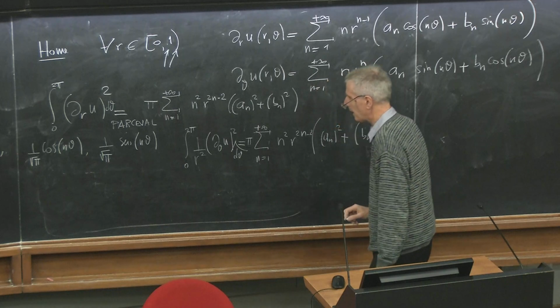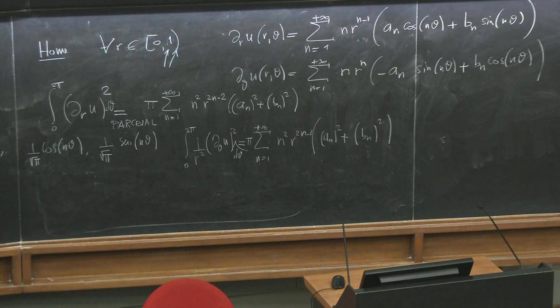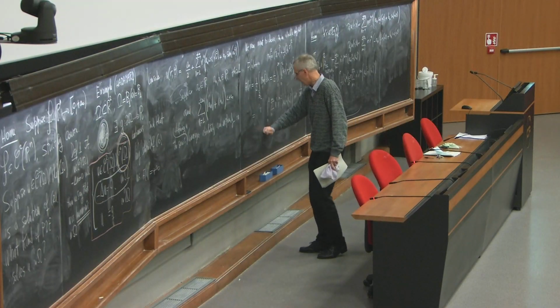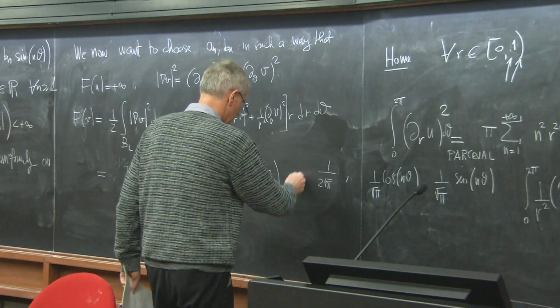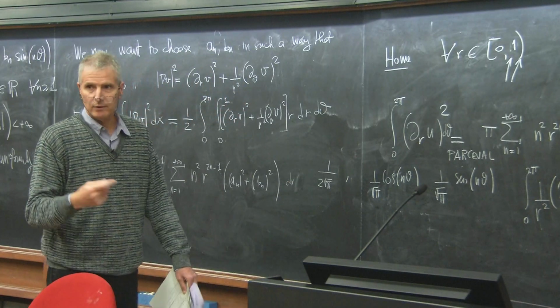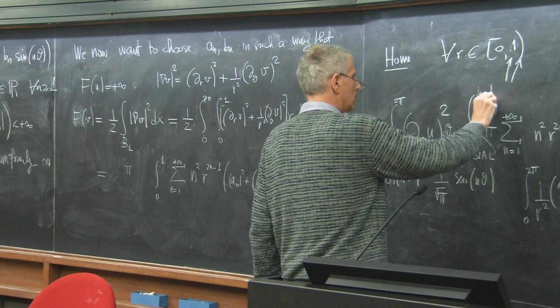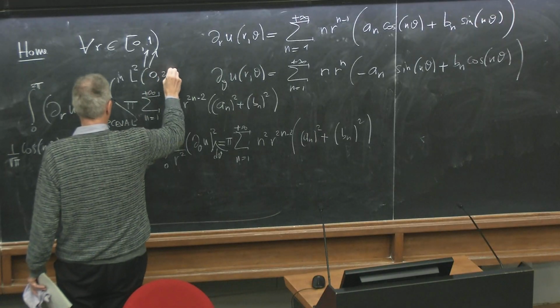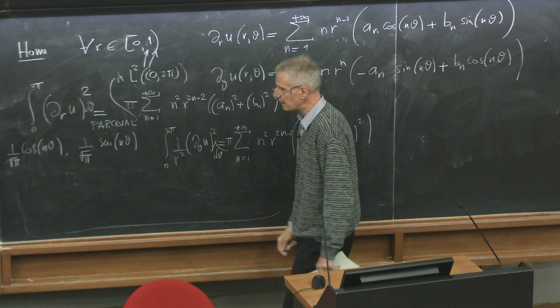Thanks. Okay, you are right. I made a mistake here. So Parseval is in L2, 0 to pi, with respect to theta. Thanks.